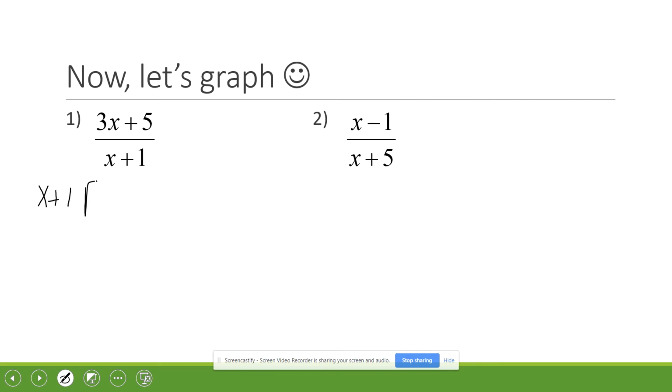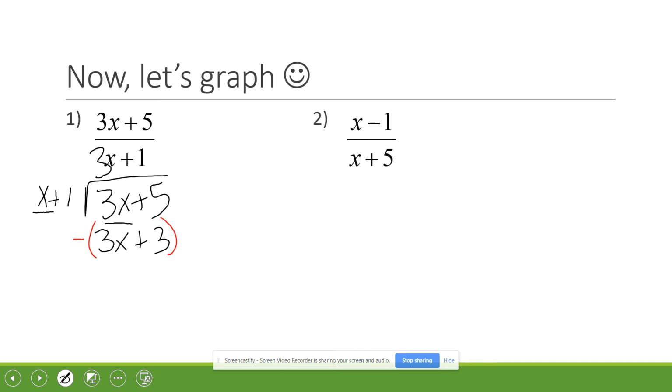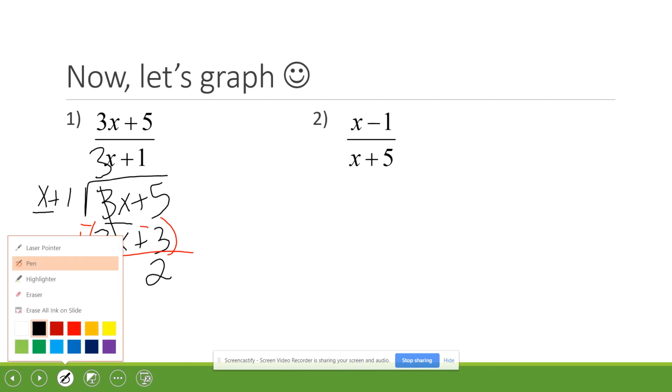So I have x plus 1 and 3x plus 5. 3x divided by x is 3. 3 times x is 3x. 3 times 1 is 3. We're subtracting, so I'm going to distribute that subtraction. 3x minus 3x is 0, and 5 plus negative 3 is 2.